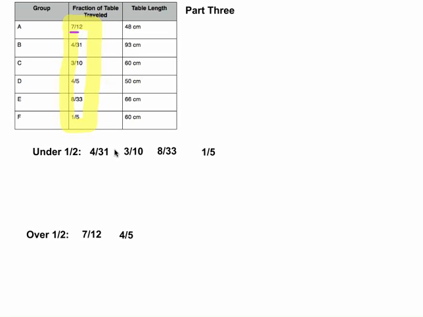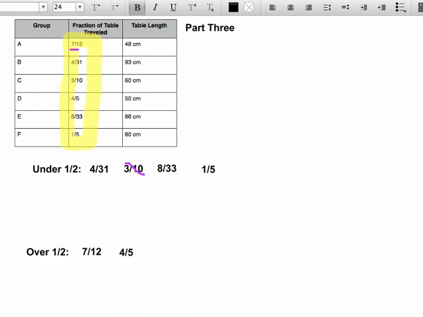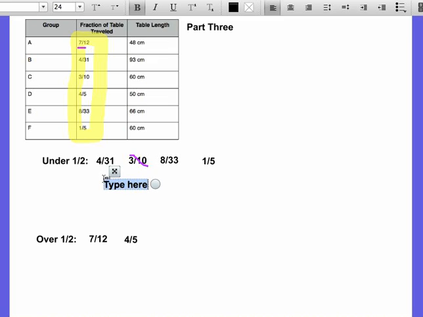So 31 and 33 are quite similar in denominators. I believe that we can compare them even without making the denominators the exact same. Both of these have denominators of about 30. So maybe let's take our other fractions now, this 3/10, and if we were to compare 3 out of 10 by getting it to a denominator of 30, we would be multiplying.